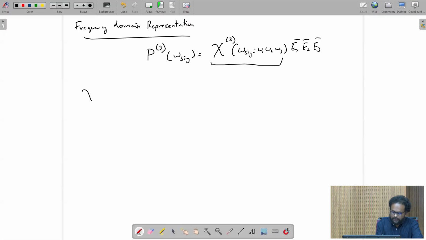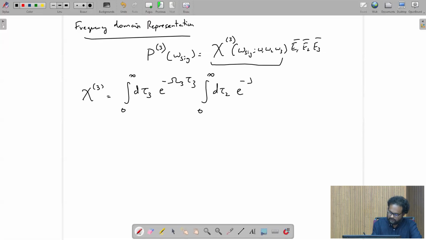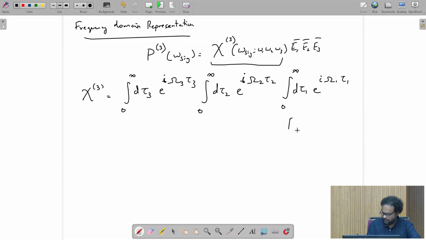So if I explicitly write that out, your chi3 is integral 0 to infinity d tau 3 e power minus i capital omega 3 tau 3, integral 0 to infinity d tau 2 e power minus i omega 2 tau 2, integral 0 to infinity d tau 1 e power minus i omega 1 tau 1, times, of course, the time domain response function, which we can develop using our double-sided Feynman diagrams.